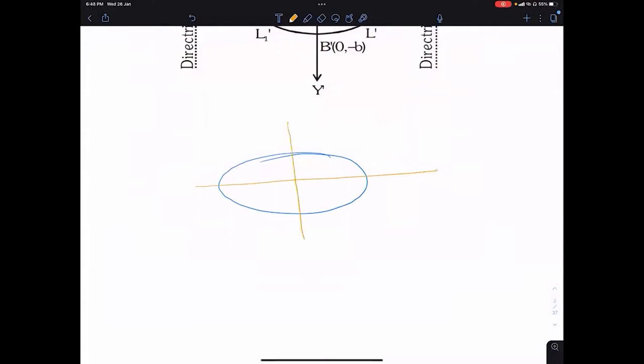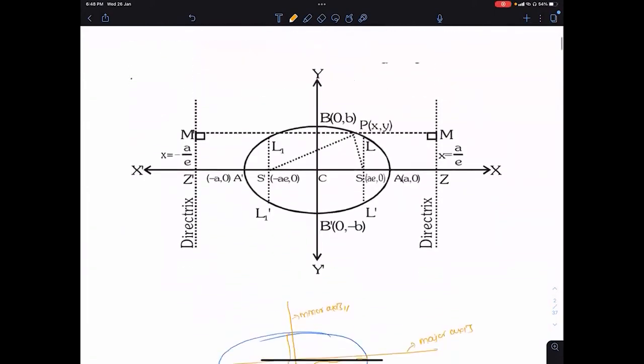The line which cuts the larger chord is called the major axis, and the one which cuts the smaller chord is called the minor axis. So overall, the structure is something like this. Here, the x-axis is the major axis, the y-axis is the minor axis.